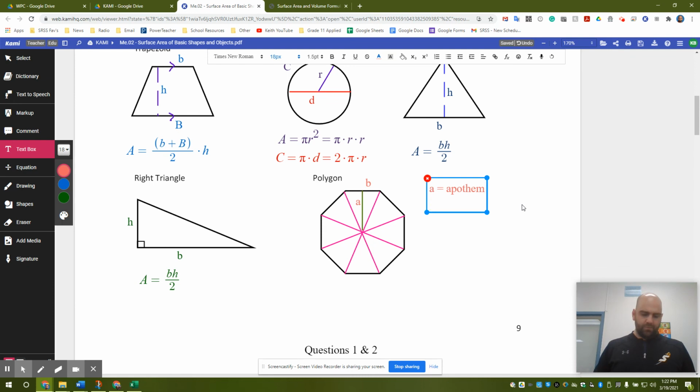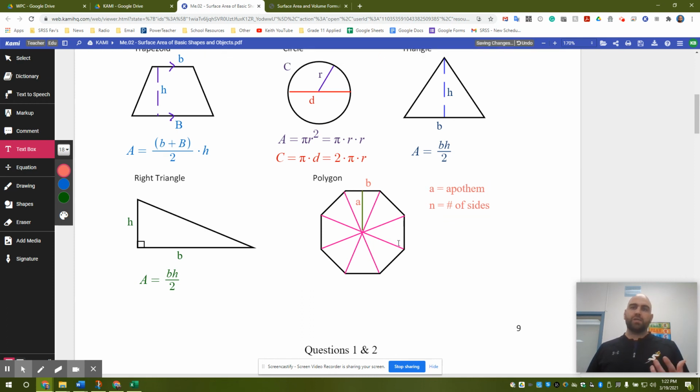And then the other thing that we need to know is what's called n, and that is the number of sides. In this case here, we have an octagon, which is 8-sided, so n is 8. Our formula for this is the area of a triangle times the number of sides. So our area is our base length times our apothem, divided by 2.